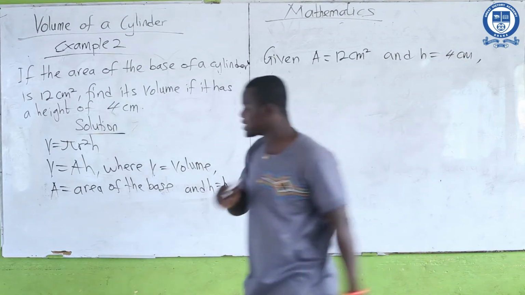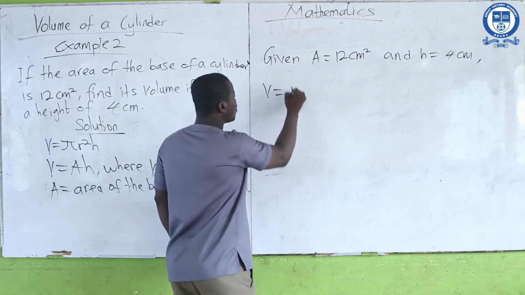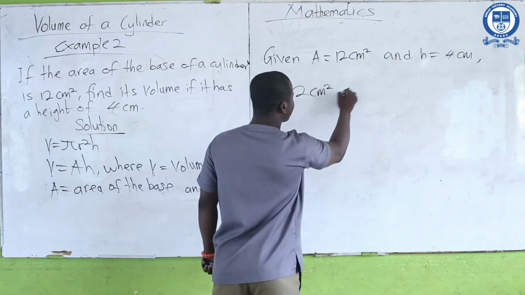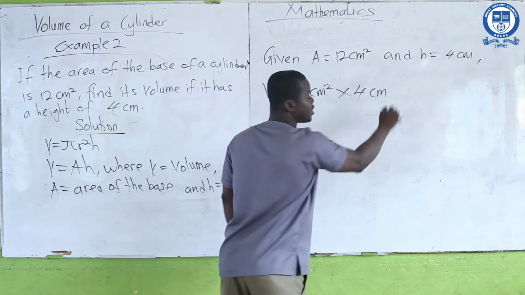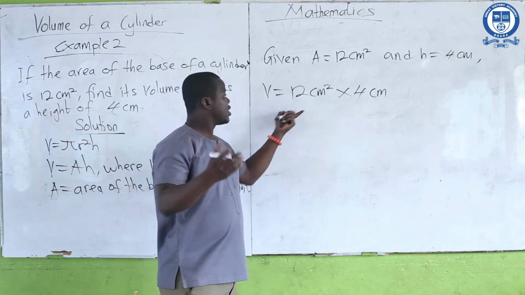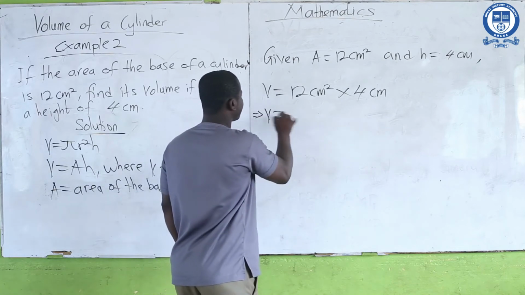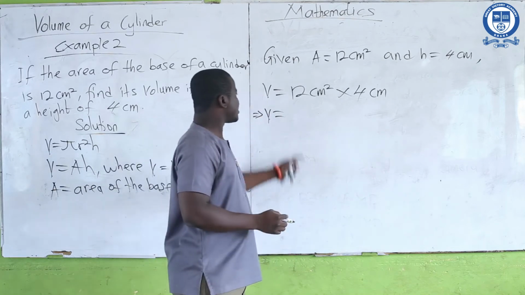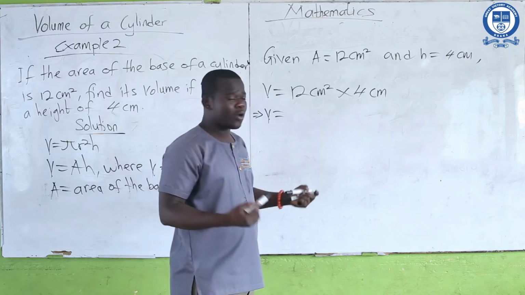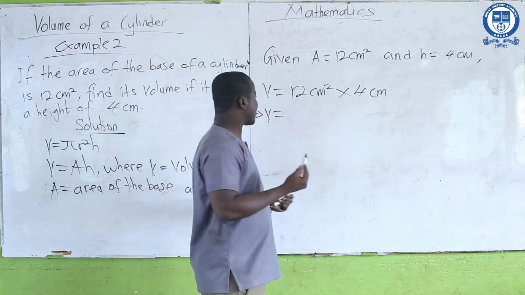That implies that our volume V is simply going to be equal to 12 centimeters squared times 4 centimeters. Here I can include the units because we have fewer numbers to multiply here. Now, simply we have to multiply 12 by 4. 12 times 4 gives us, yes, of course, you must have been right.